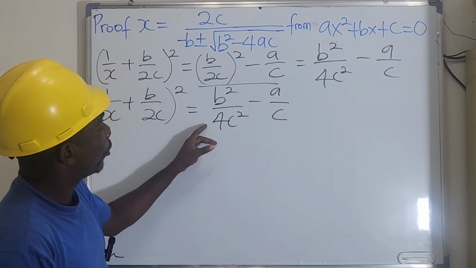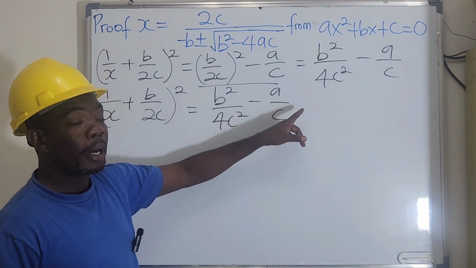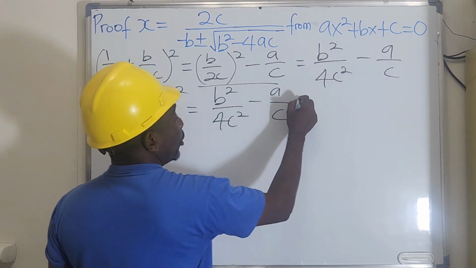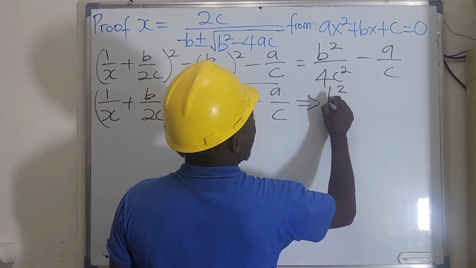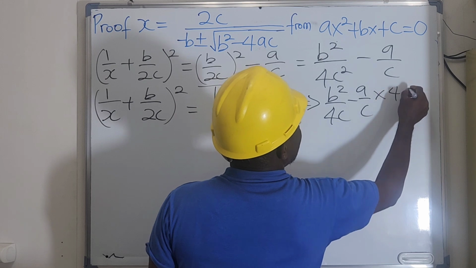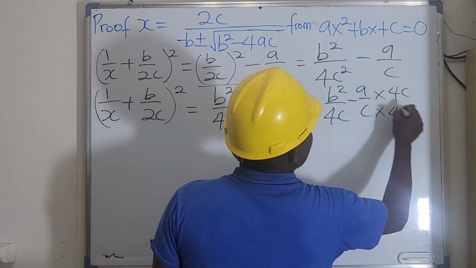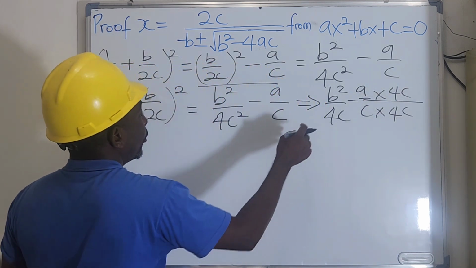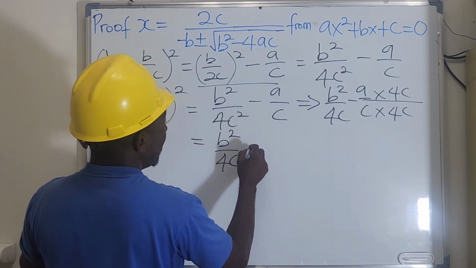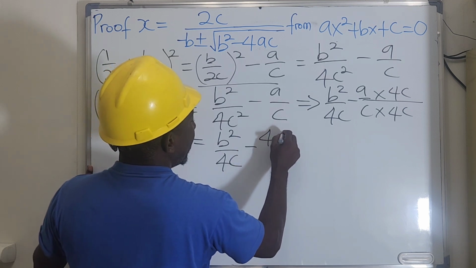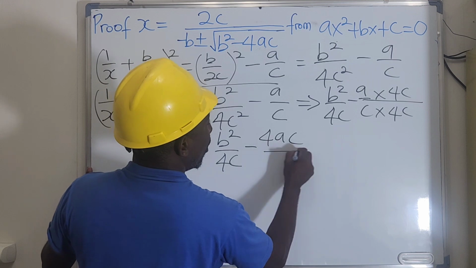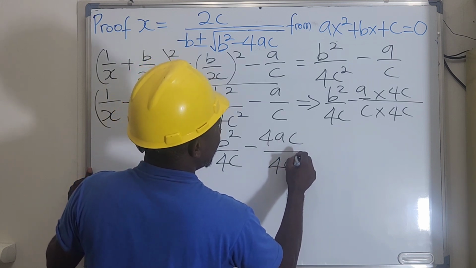So what we are going to do on the right hand side is for us to multiply 4c to the numerator and 4c to the denominator. So that will become b squared all over 4c squared minus a all over c times 4c. So this is what it will become. So now that will become b squared all over 4c squared minus 4ac, because a times 4c gives us 4ac, all over 4c squared.